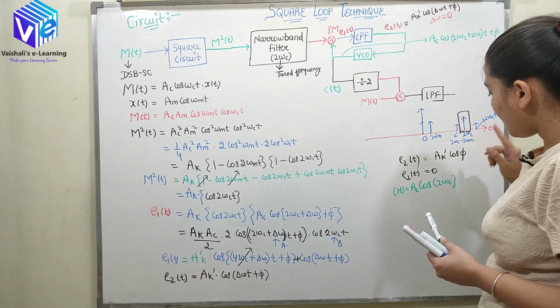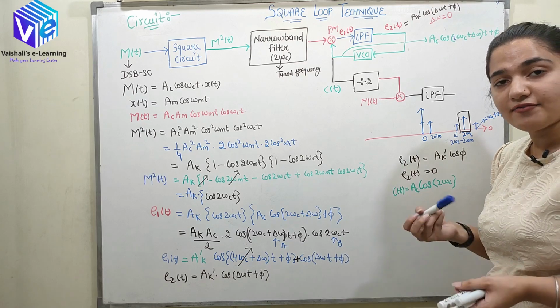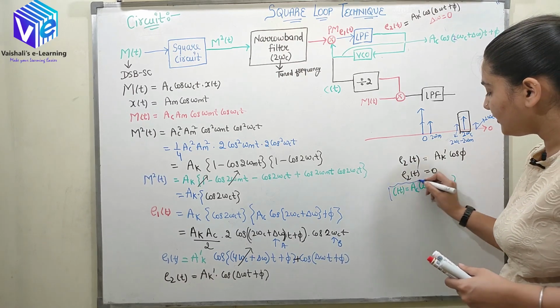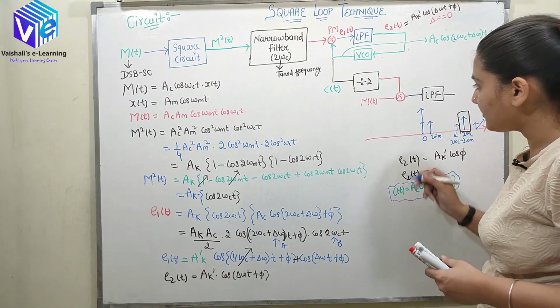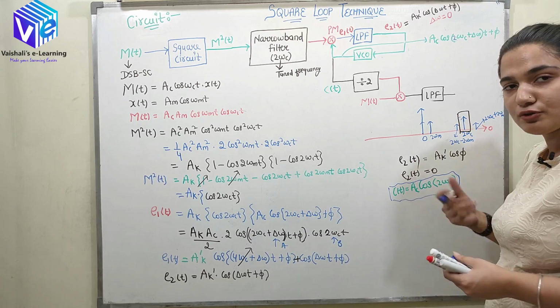So now I don't have phi, and I don't have the phase error or the frequency error. Both are eliminated. So now I have the locally generated carrier represented by this, having twice the frequency of the carrier which was used in the transmitter.